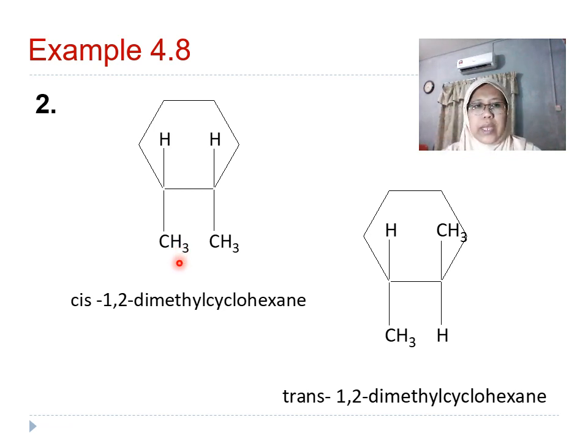So when it is on the same side, it's a cis. When it's positioned on a different side of the restricted carbon, it is a trans.